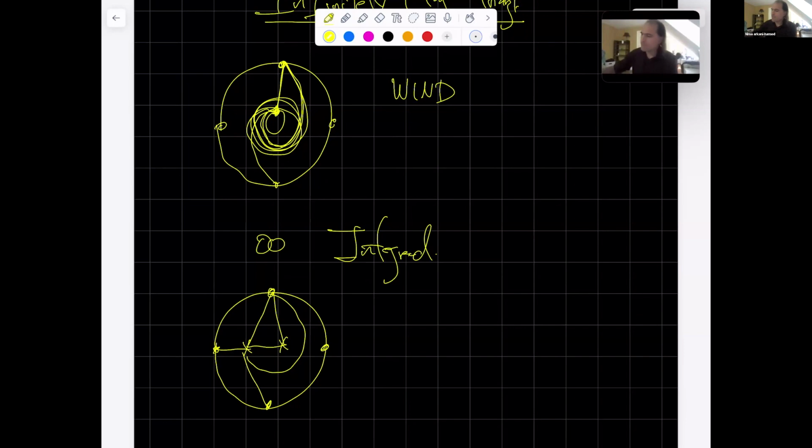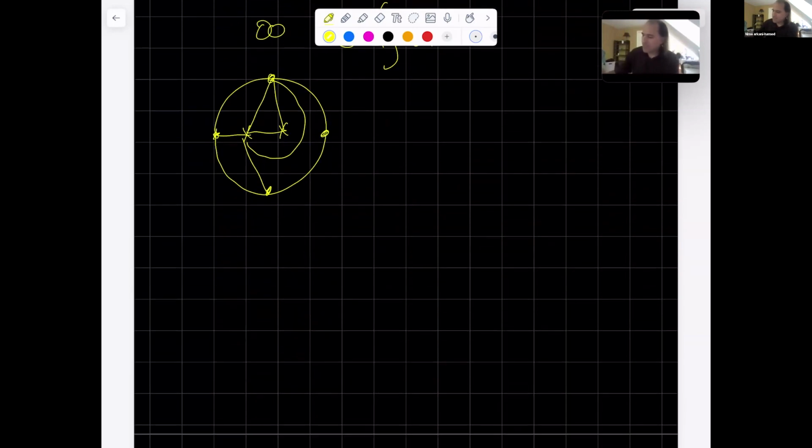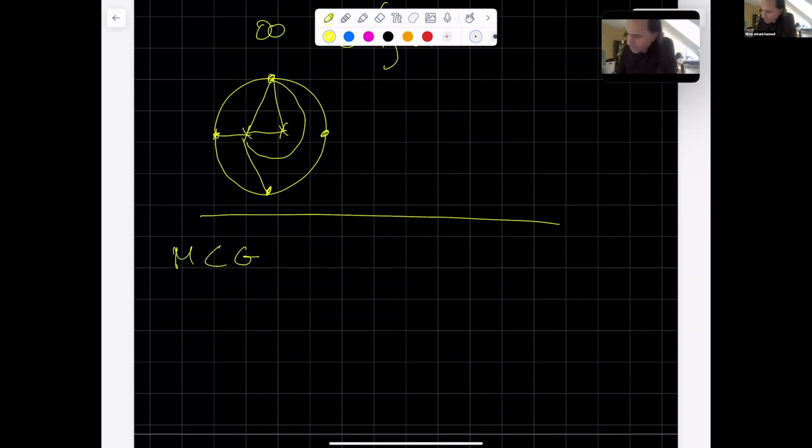Now, let me just make a couple of comments about this. Again, these issues arise at 2-loop planar and higher, 1-loop double trace and higher. So this is all about the action of the mapping class group.